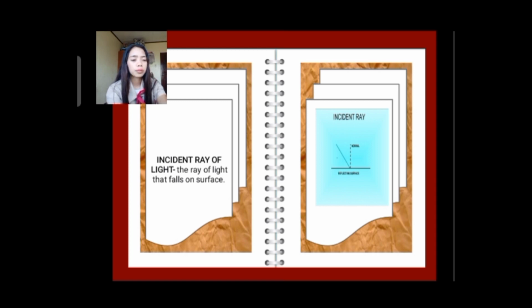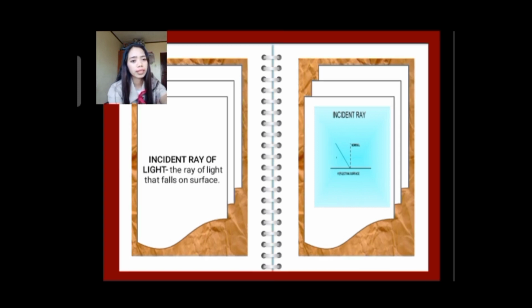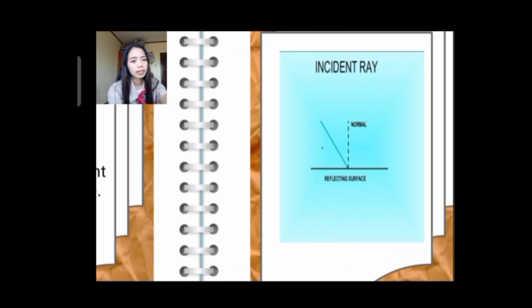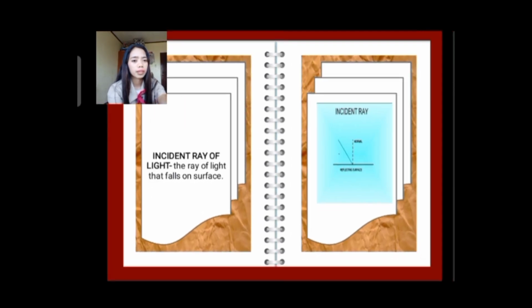Here is an example of the incident ray. Look at the figure. Here is the incident ray and the normal line, which is the perpendicular, or what we call the normal.